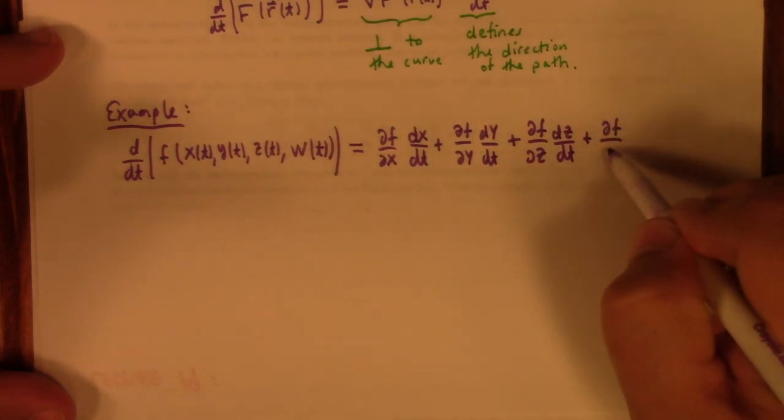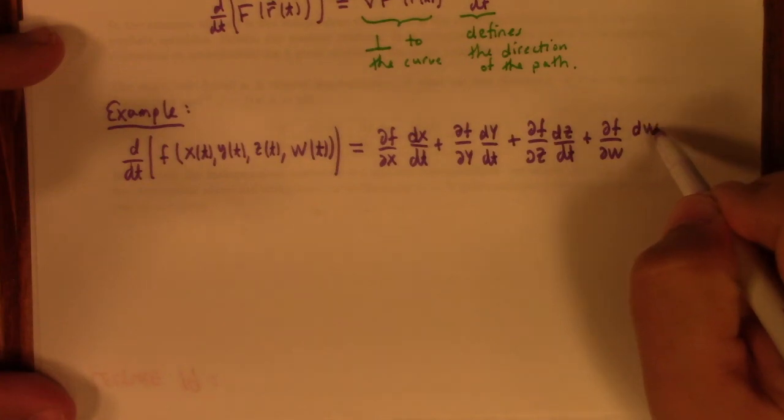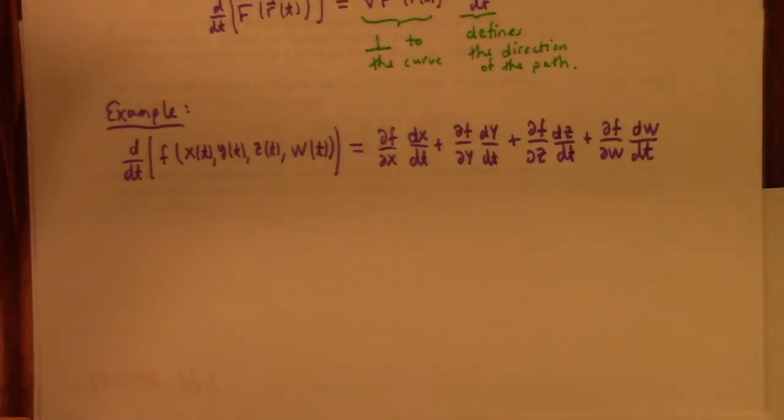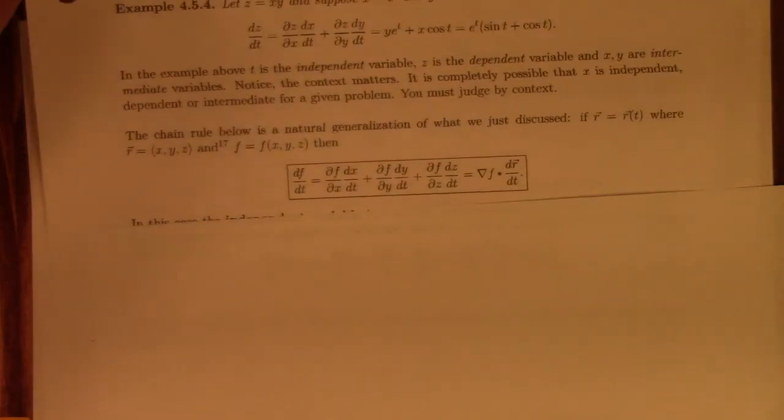So to capture the entire change in the function, you have to account for how the function can change in each of the intermediate variable directions. And each one of those is influenced in turn by how that variable has been parameterized with respect to the independent variable. And that's the chain rule. And that's how it works. All right, let's keep going.